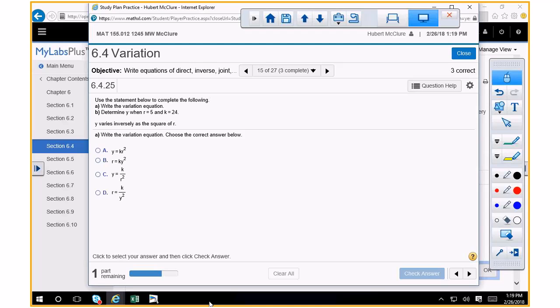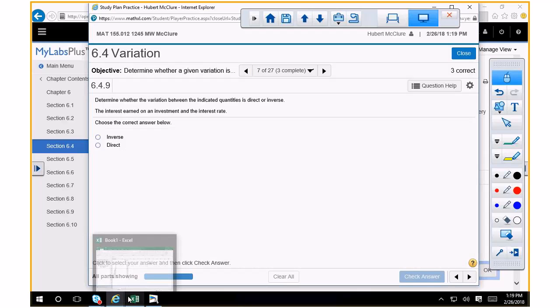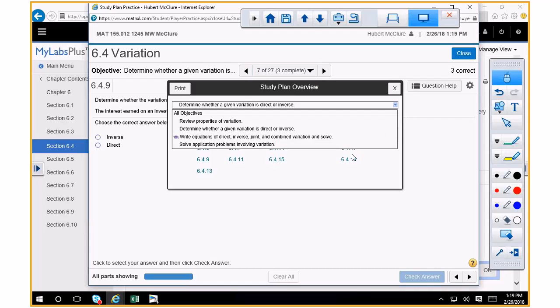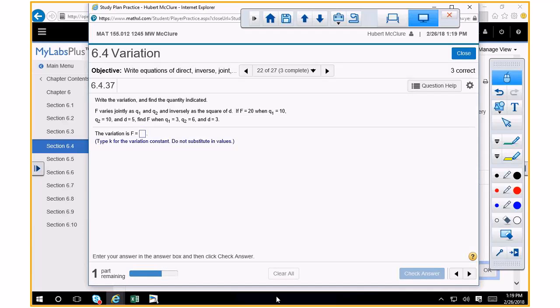No, that's a mixture problem. That's the one I want you to work on. Very frustrating when it does that. All right, we did 23. Let me do 30. Let me do 37. Okay, try this one. I want to let y'all try it.